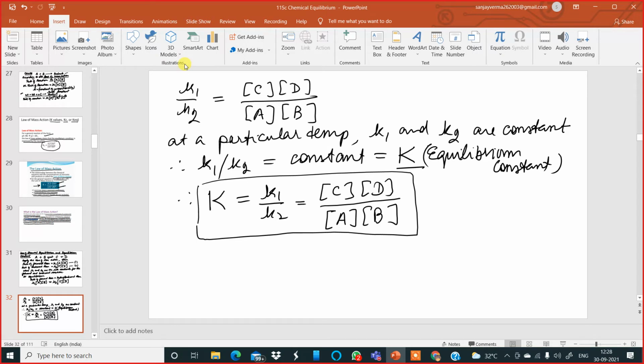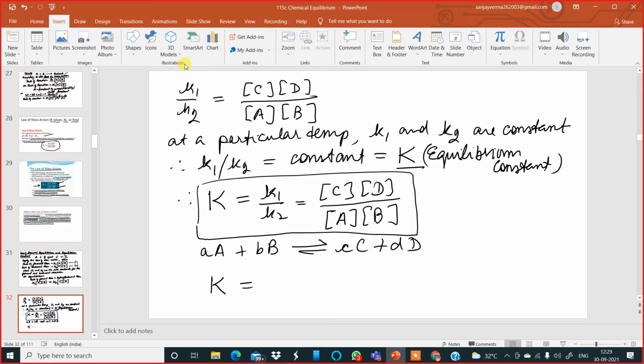So if you apply this law of chemical equilibrium to any other general reaction, say there is a general reaction like this, aA plus bB in a state of equilibrium with cC plus dD. Then if you apply the law of chemical equilibrium and write down the expression for the equilibrium constant, it becomes like this.